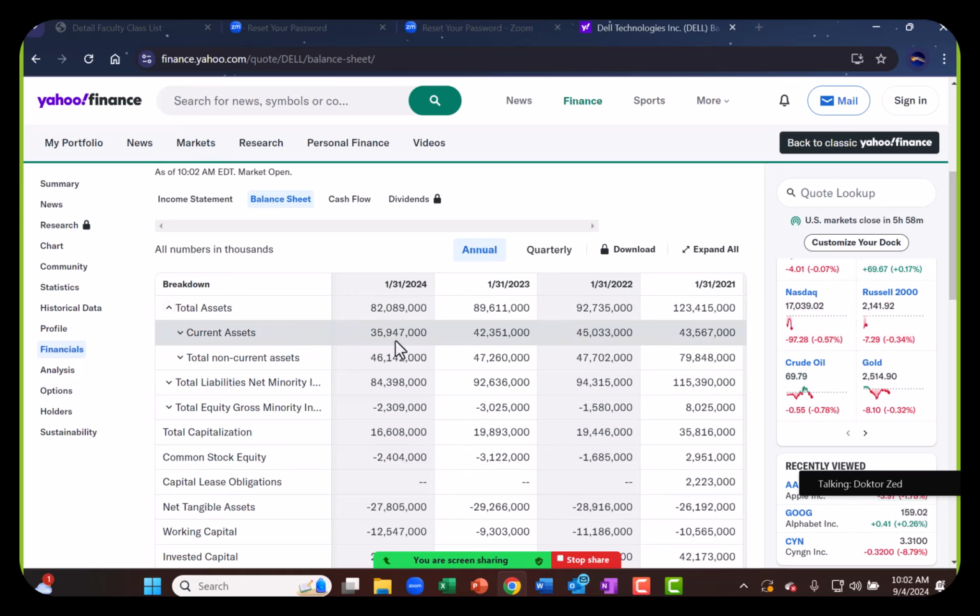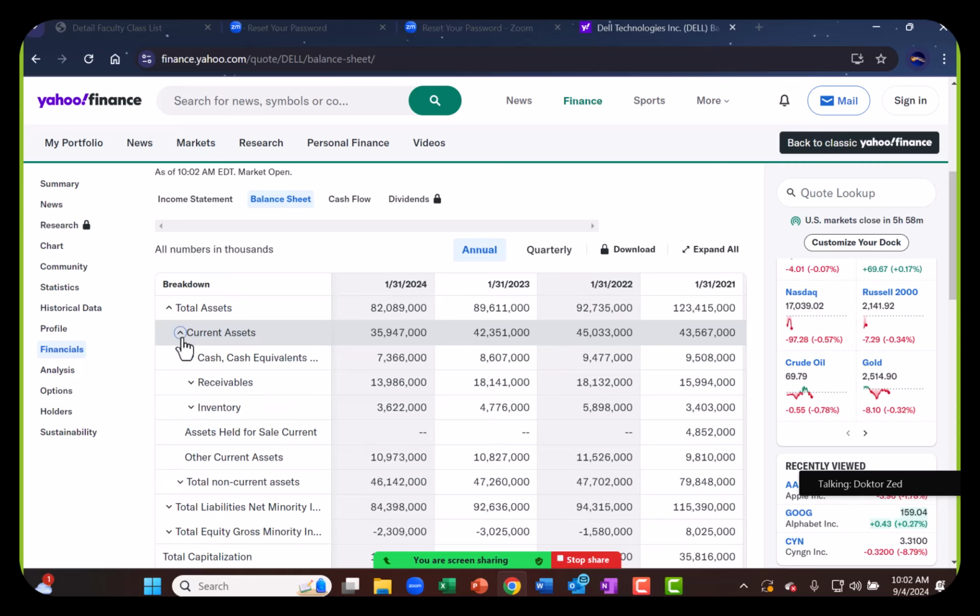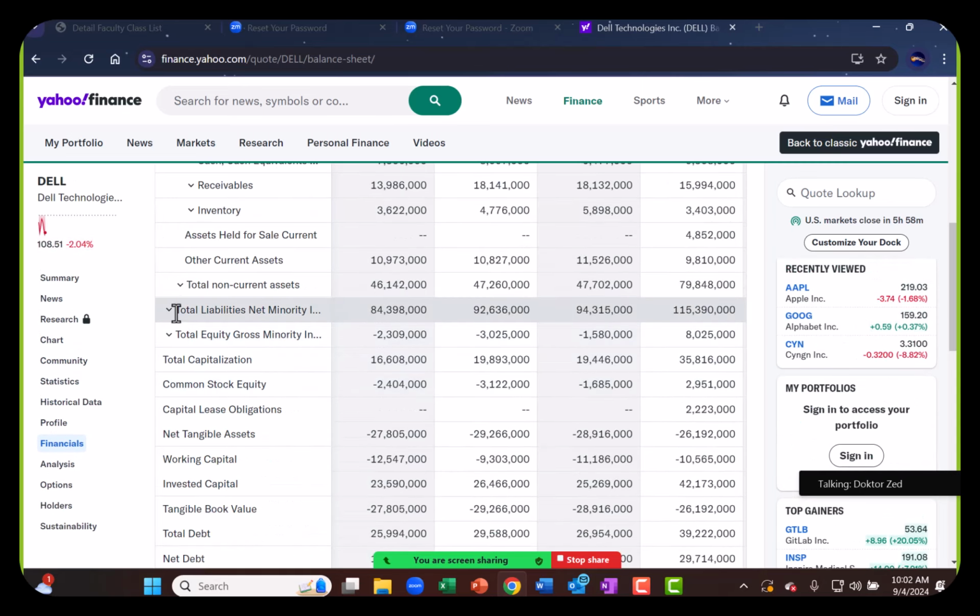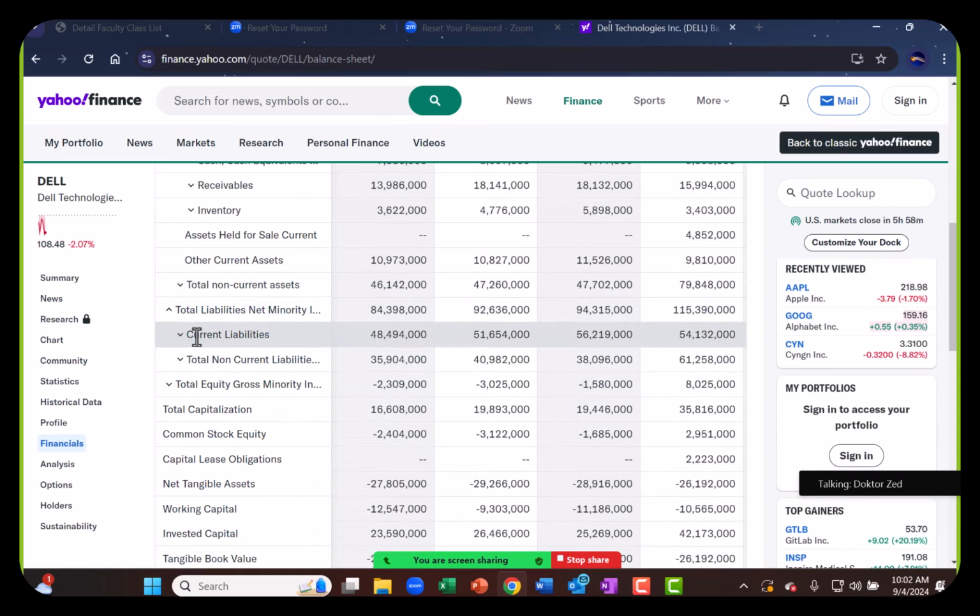Look at their current assets, 35.9, and their cash and receivables are only 20. Let's look at current liabilities, $48 billion. So they actually have negative net working capital. Does that mean that if I'm a short-term creditor to Dell, I should be worried?